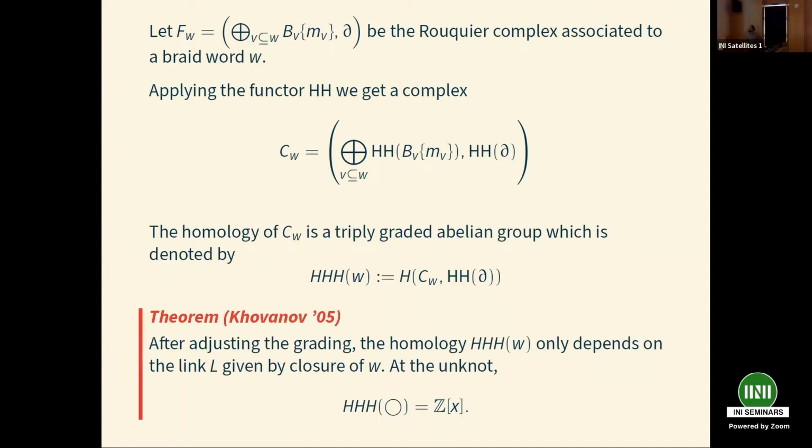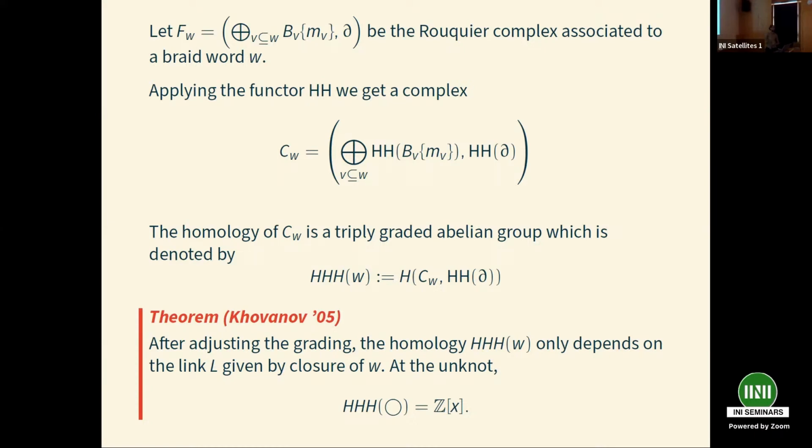So what happens is by doing so, you get a triply graded abelian group once you take homology. The three gradings here would be, we already saw that the B's are graded, so you can think of this as the intrinsic Soergel degree. Then you have the complex, the Rouquier complex, and call that the cubical degree.